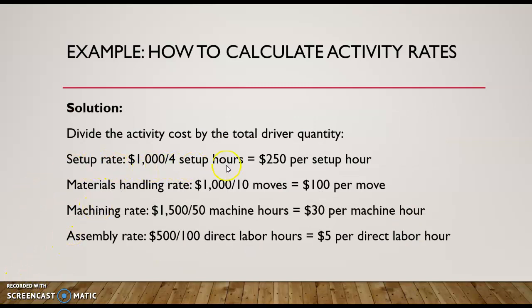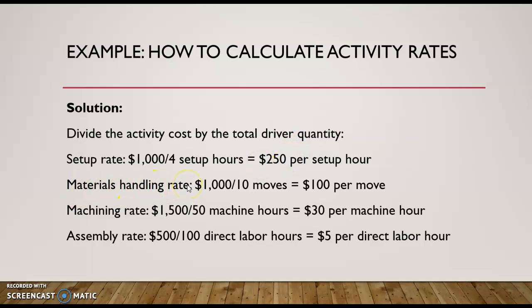So for our setup, that 1,000 divided by 4, that's $250 of overhead per setup hour. And so for one job, if it's going to require one setup hour for that job, then we would add $250 of activity overhead to that job.